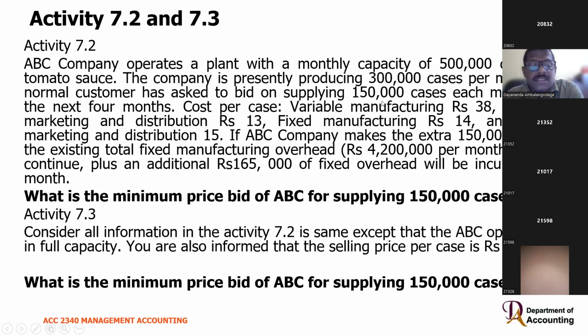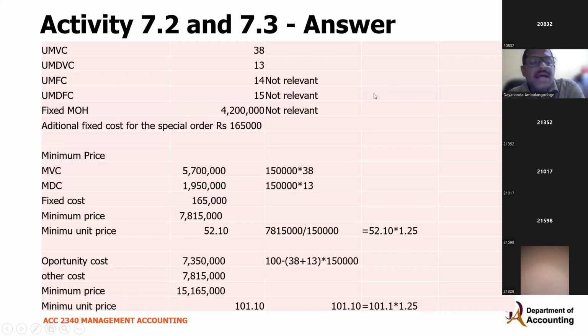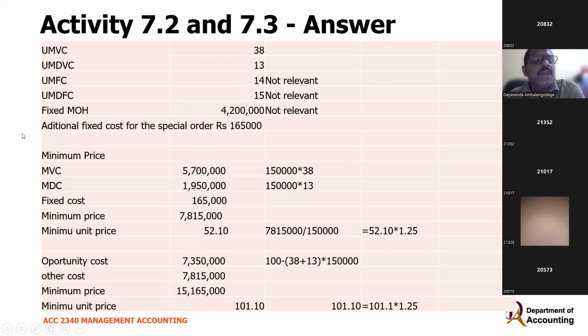For example, fixed cost that is already incurred, or the remaining fixed cost, we didn't consider, whether in unit form or in rupees. But additional fixed cost we considered. I think you can remember this example answer. 14 rupees and 15 rupees were not relevant because they are the unit manufacturing fixed cost and unit marketing and distribution fixed cost.